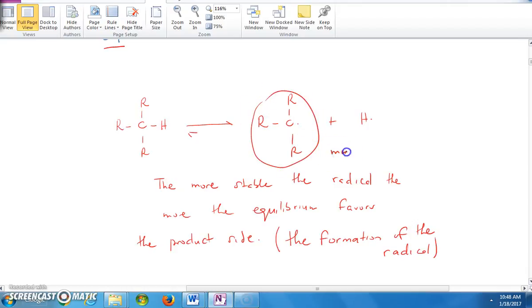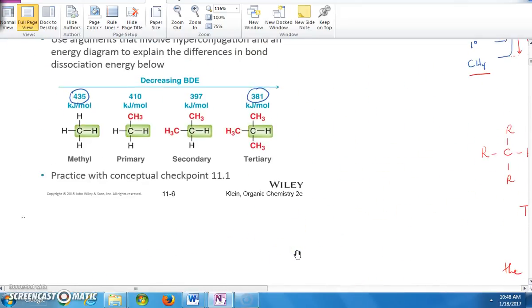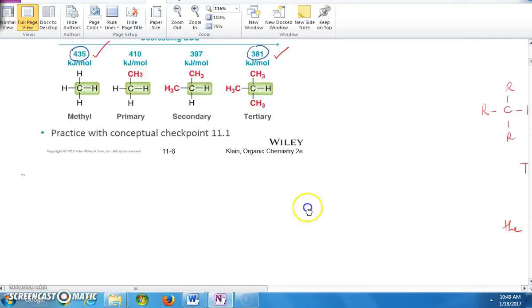If you have more stable products, of course, the equilibrium is going to favor the more stable products and not the less stable products. We learned that. And that is why, because of the significant stability of the tertiary radical, the bond dissociation energy is much smaller than the bond dissociation energy of the methyl, the breaking of the carbon-hydrogen bond to form the methyl radical.